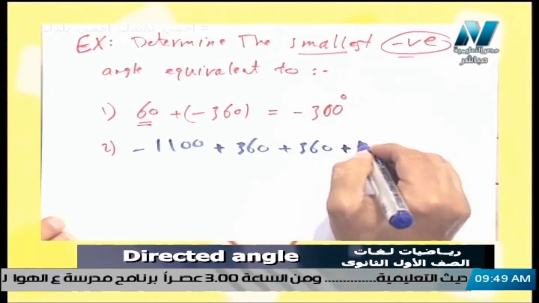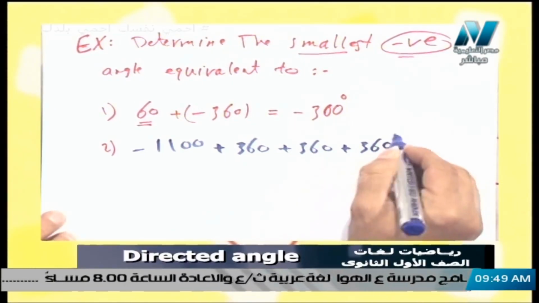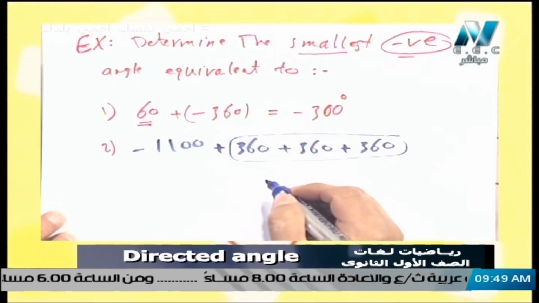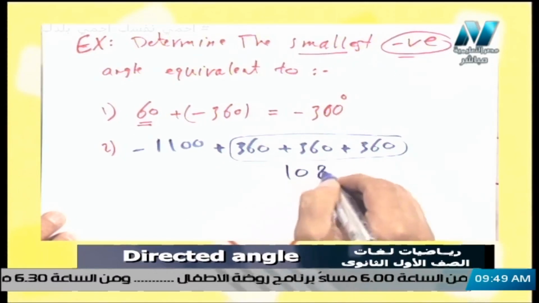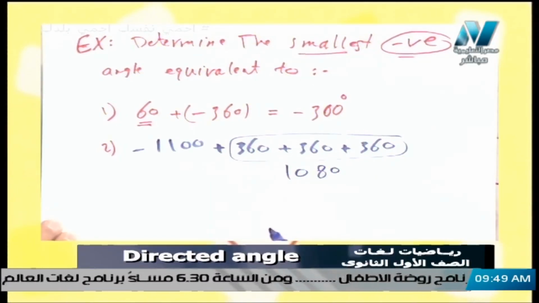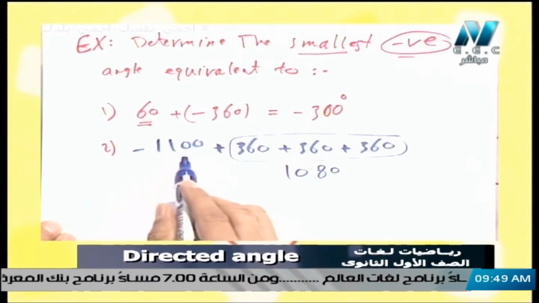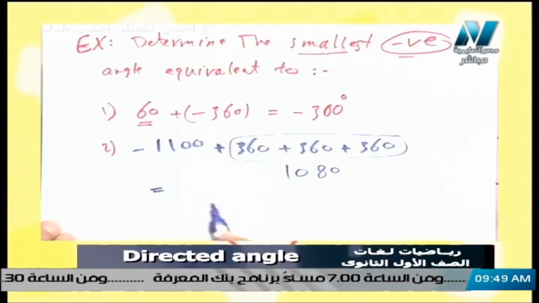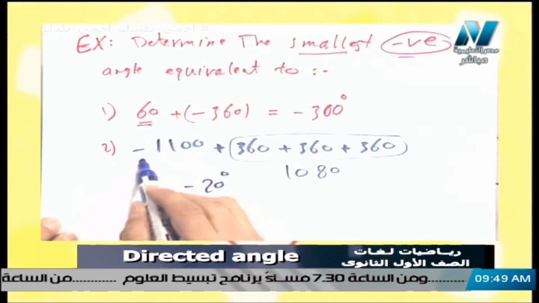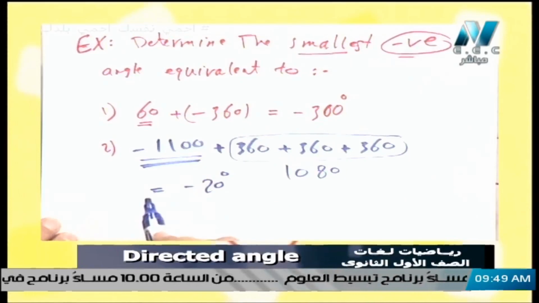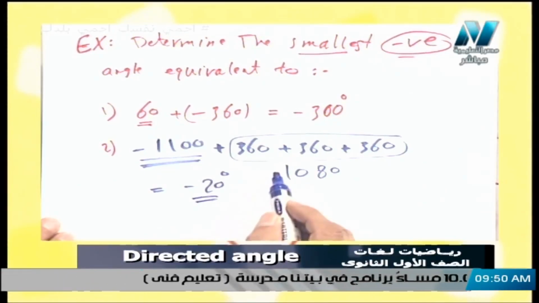So we'll add another term in the positive direction, and the sum of these angles is 1080. Okay, and we have here negative 1100, and the difference equals negative 20 degrees. So the smallest negative angle which is equivalent to negative 1100 here equals negative 20.